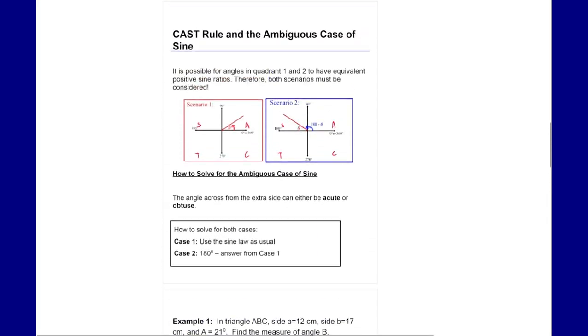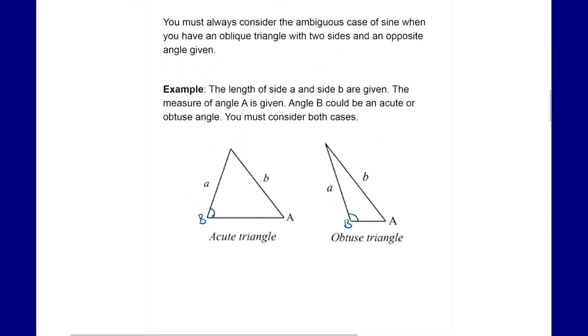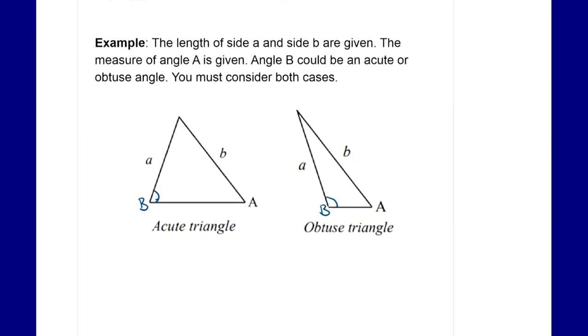Going back and taking a look at the general two possibilities, an acute triangle or an obtuse triangle, depending on the situation you do have to be mindful and understand that there could be two possible answers.